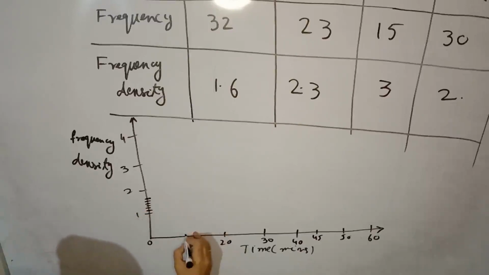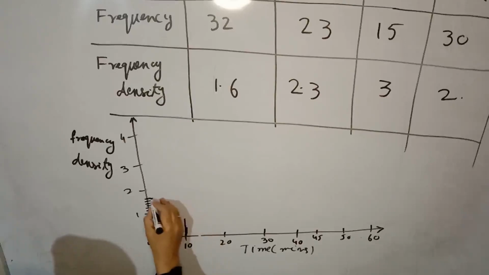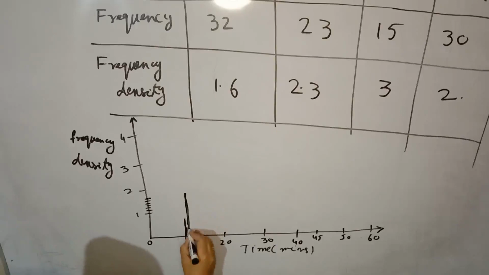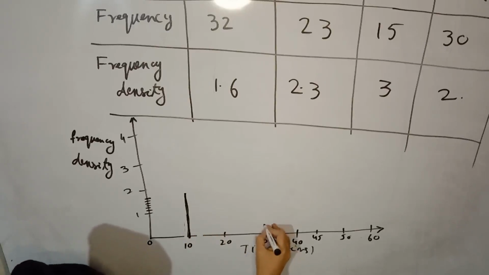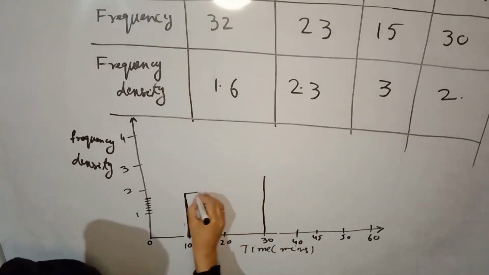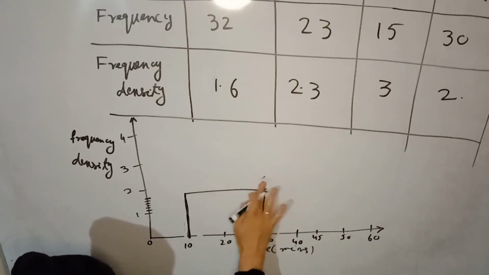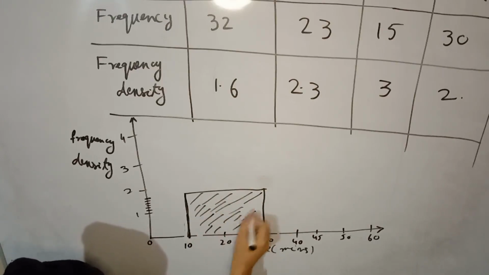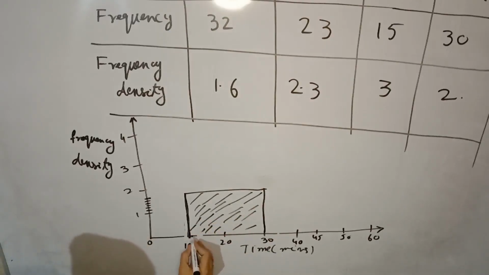So I draw from 10 with a straight line up to this point, which is approximately 1.6, till 30. We will draw it with a scale and a lead pencil on the grid, so it will be more tidy for you. So this is 10 to 30.